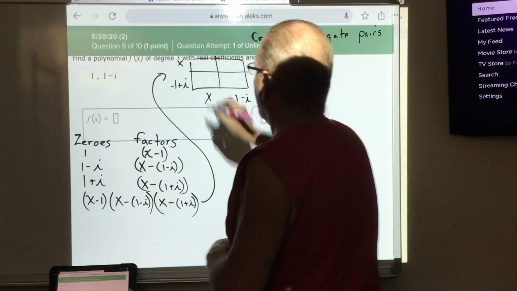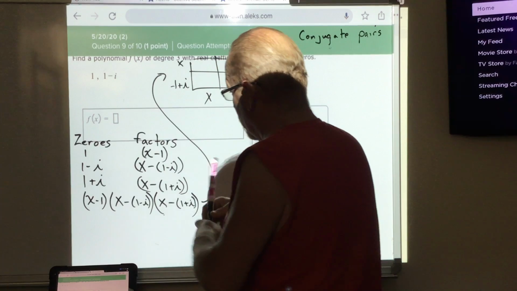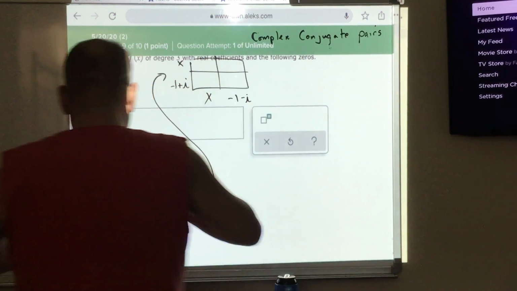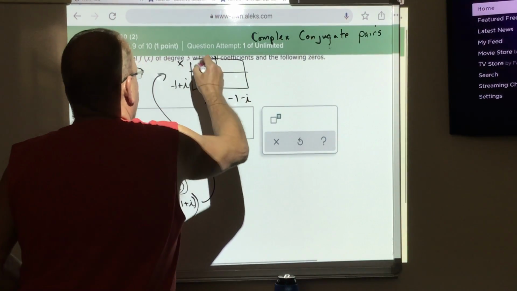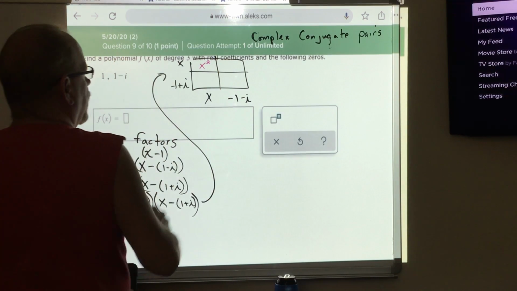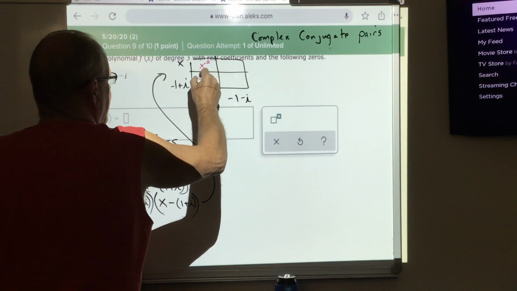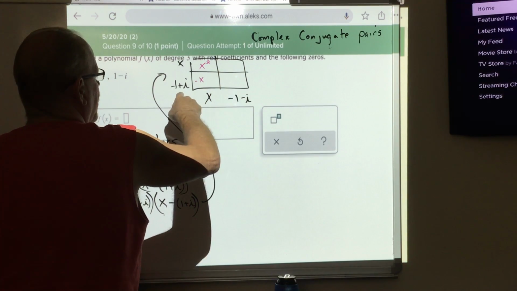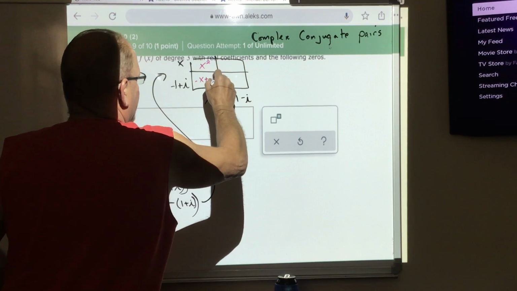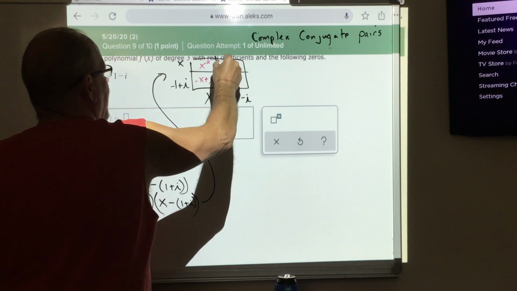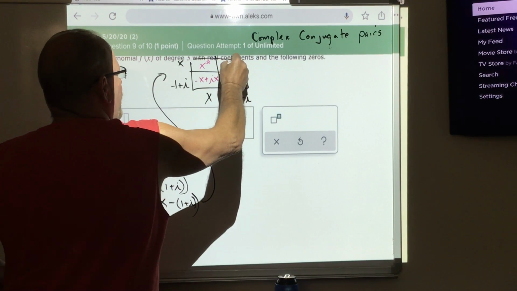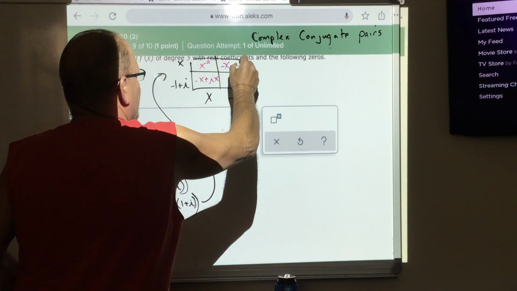So this is going to give you x squared. And this is kind of what makes it neat: negative x plus ix. This one gives you negative x minus ix.